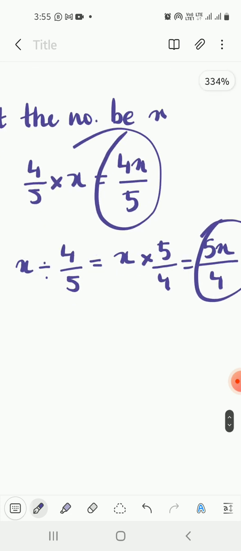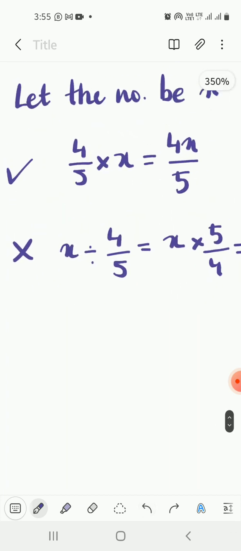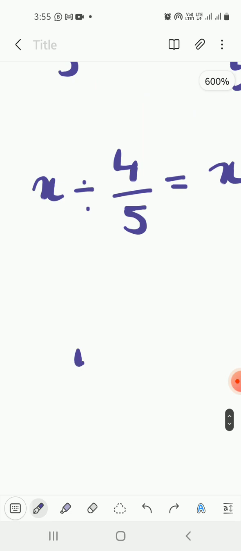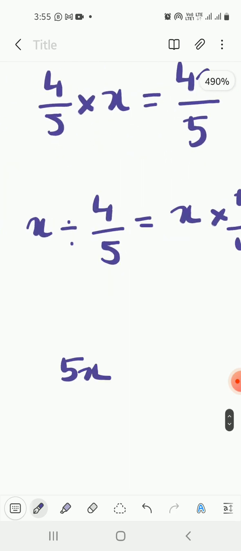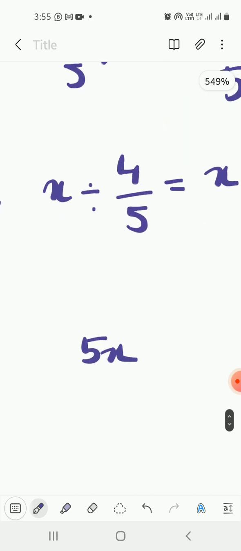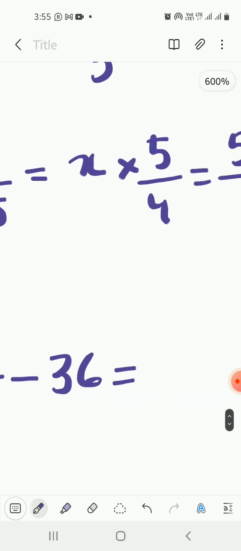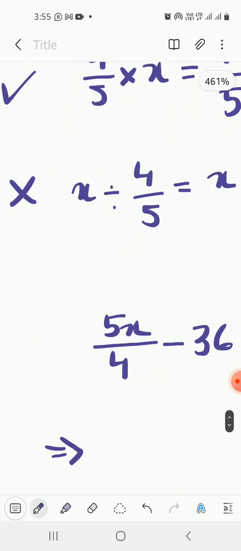So we can write it this way: the answer he has got, 5x by 4, is 36 more. So deduct 36, then the right answer. The right answer would be this. So we have to find out the right answer. Solve for x. This is the equation.